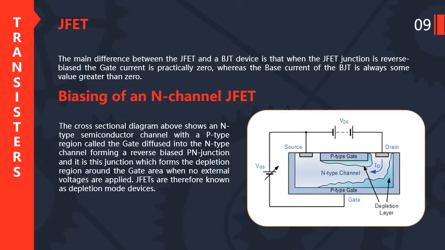The cross-sectional diagram shows an N-type semiconductor channel and a P-type region called the gate diffused into the N-type channel, forming a reverse biased PN junction, and it is this junction which forms the depletion region around the gate area when no external voltage is applied. JFETs are therefore known as depletion mode devices.